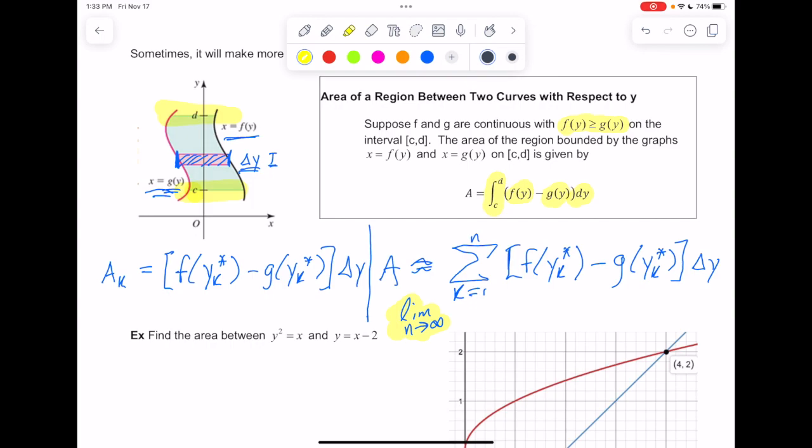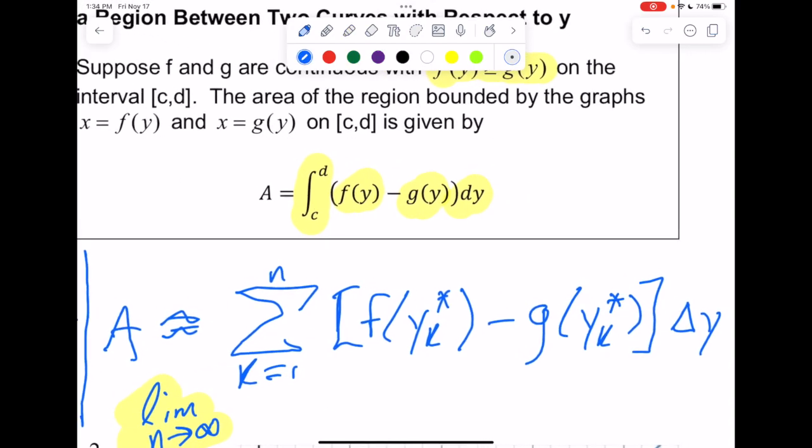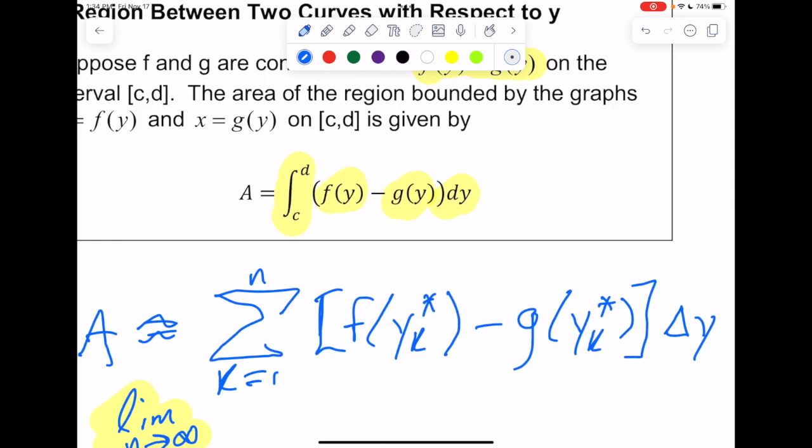Then the area of the region bounded by the graphs of x equals f of y and x equals g of y over that interval is given by A equals the integral from c to d of f of y minus g of y times dy. And I mentioned before it's good to be able to do these in words. So zoom in here and say what the words would be.